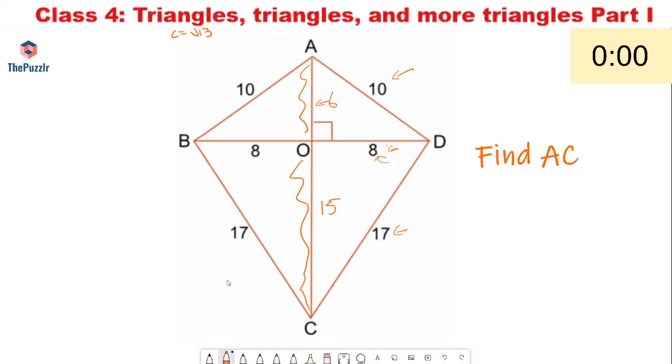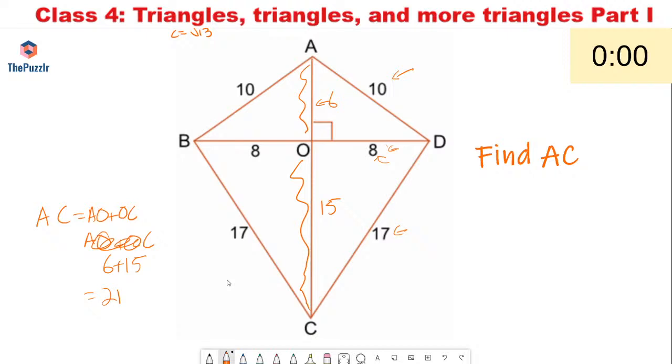So AC is equal to AO plus OC, which is 6 plus 15. So our answer is 21 for this problem.